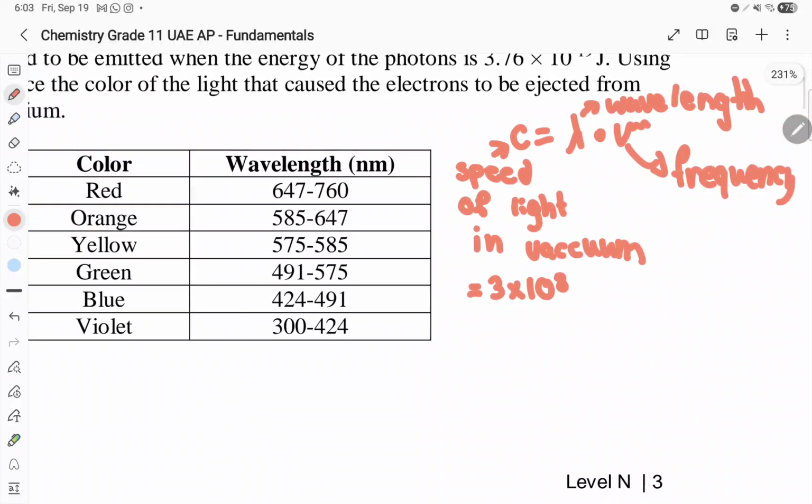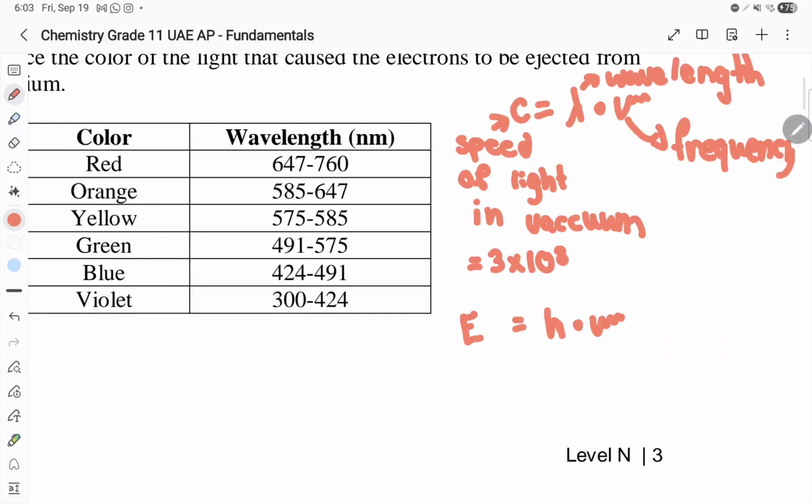There's a second equation, which is energy equals Planck's constant times frequency.